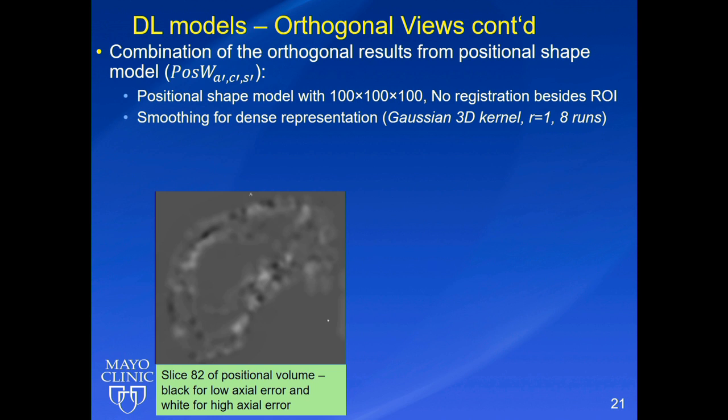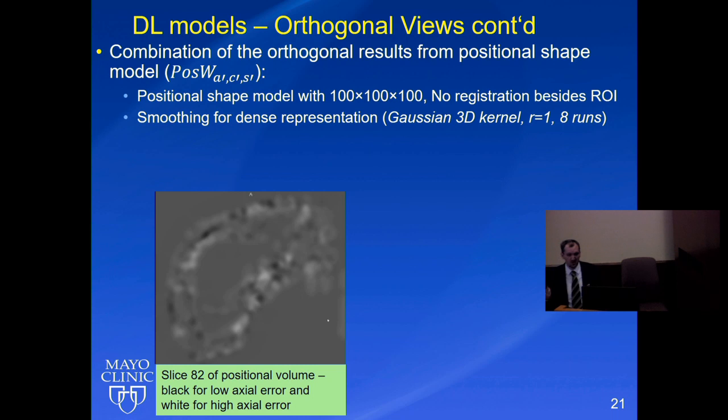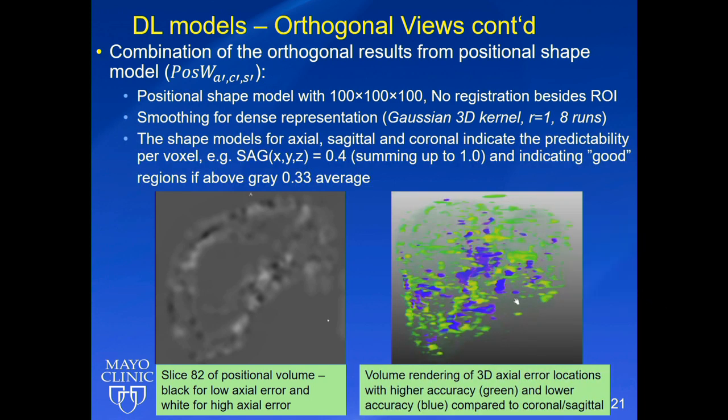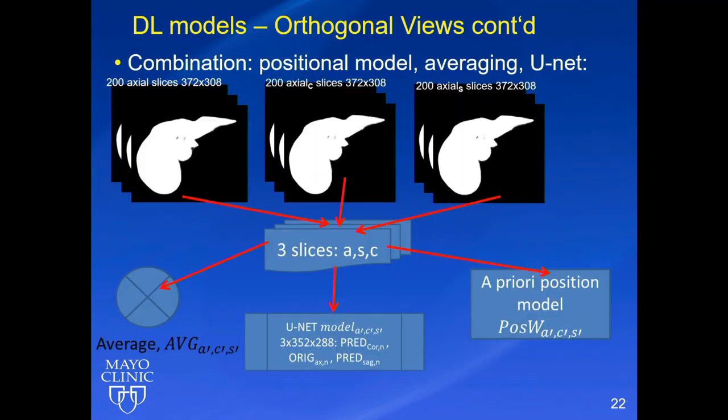And by averaging or combining them with a U-Net, or in this case with a statistical shape model, the majority of the 3 votes should be right in hopefully a majority of all cases. So the first approach there was some statistical shape model exactly for this combination. And we also have evaluated simple averaging of the 3 outcomes and training another U-Net for doing this task of combination from axial, sagittal, coronal after back transformation.